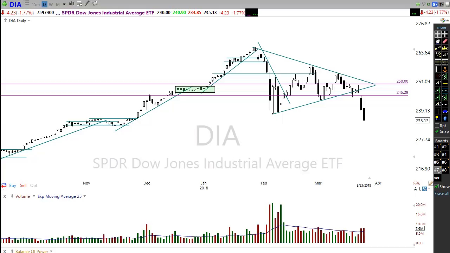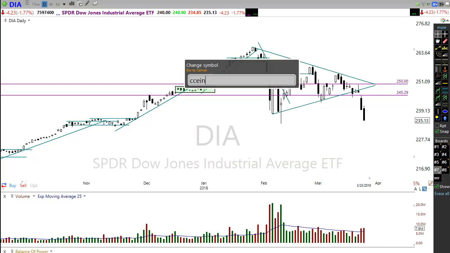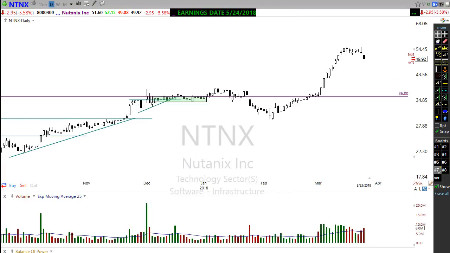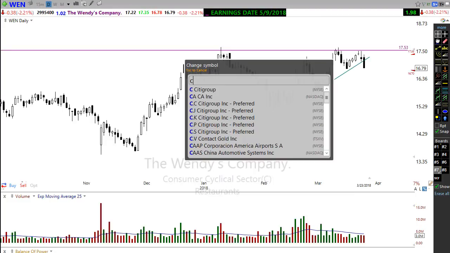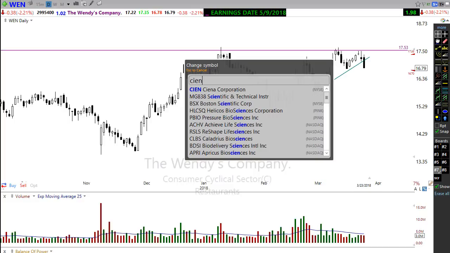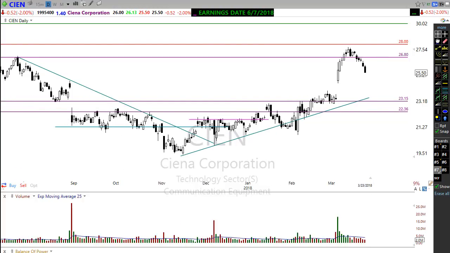I gave a couple examples not that long ago. CIEN had this extreme move, and I suggested a person could either short that or take this credit spread up here because of the condition of being temporarily overbought.